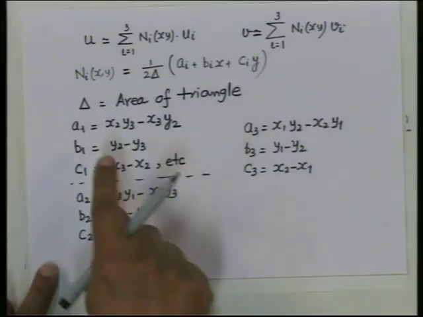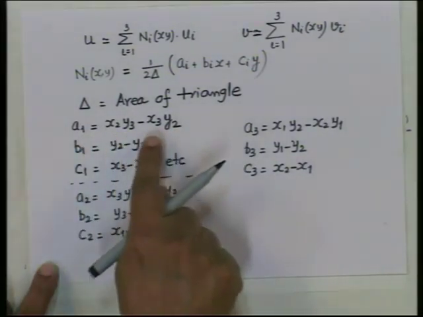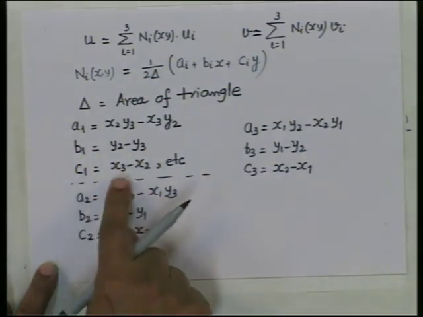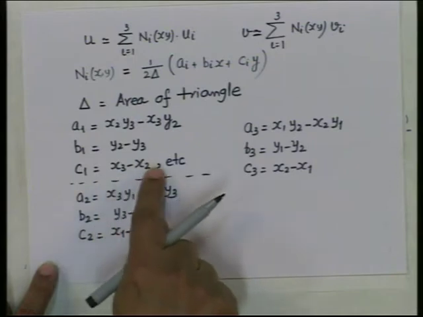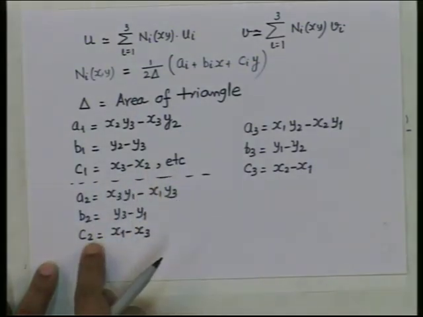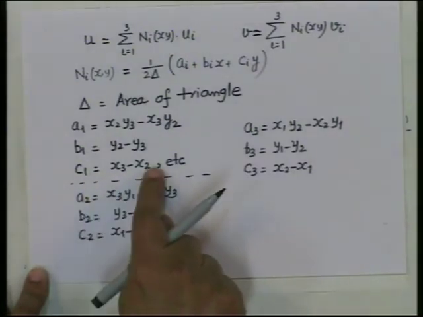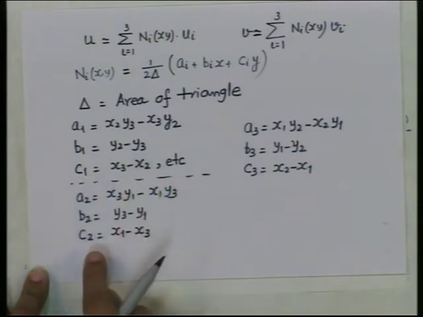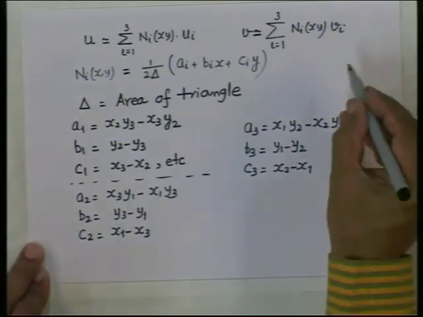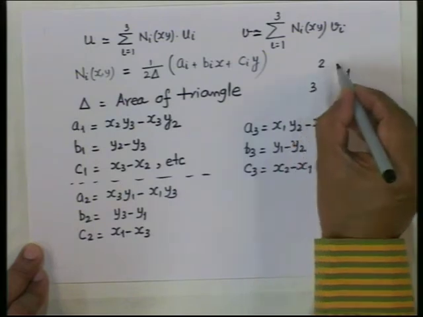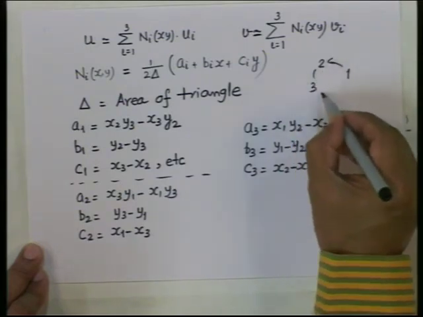See, if it is 1, then 2, 3 and 3, 2; if it is 1, then 2 and 3, then 3 minus 2. Cyclic means: if it is 1 here, 2 here, 3 here, you move like this.